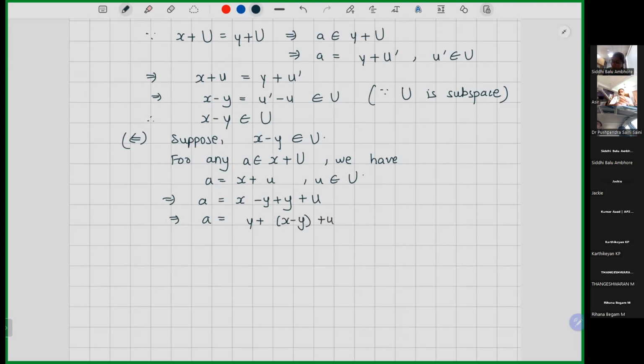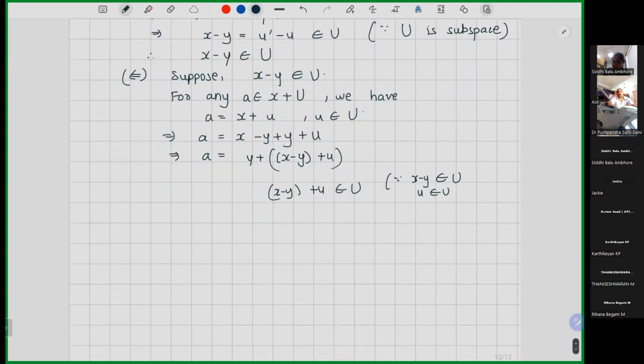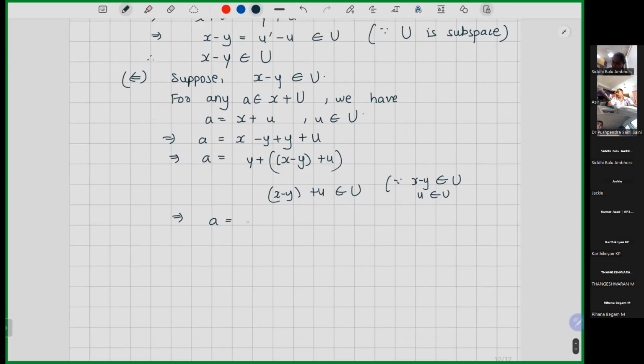And now this element here, this element x minus y plus u is in u, since x minus y is in u and small u is in u, right? So this implies that this a belongs to y plus u by the definition itself.